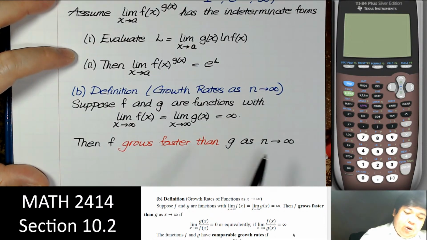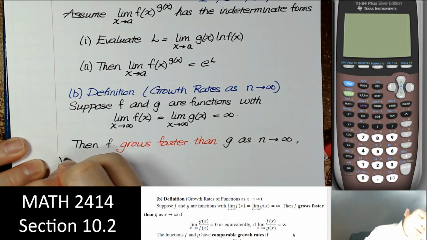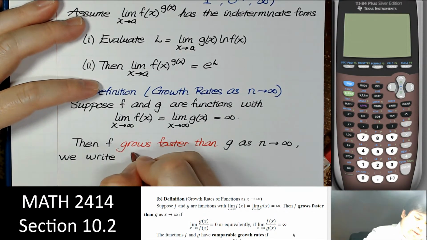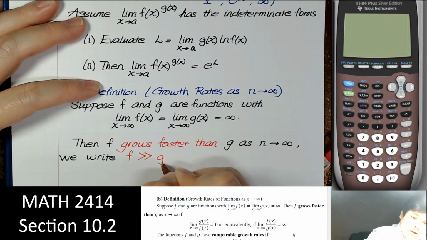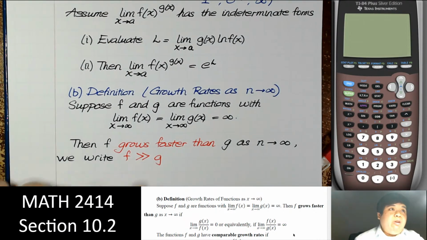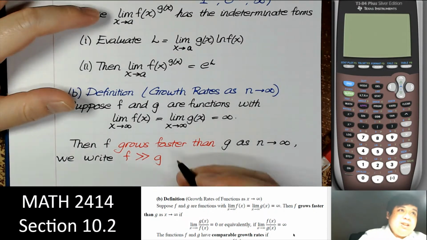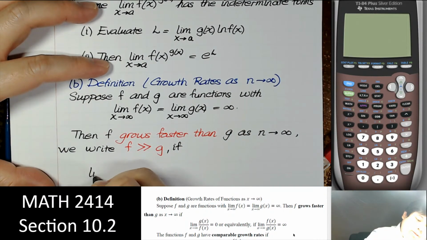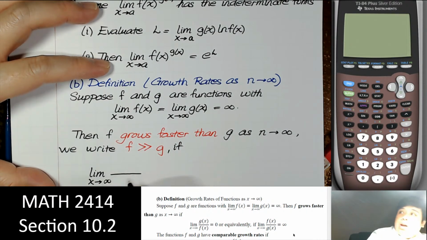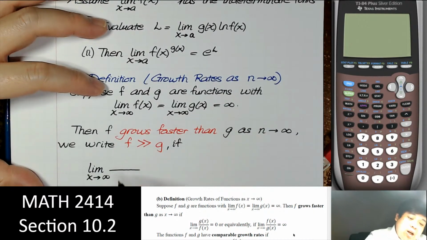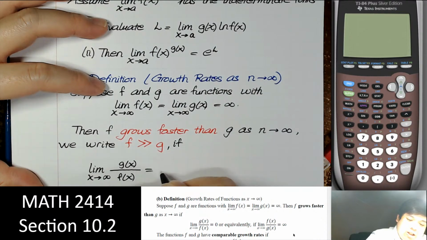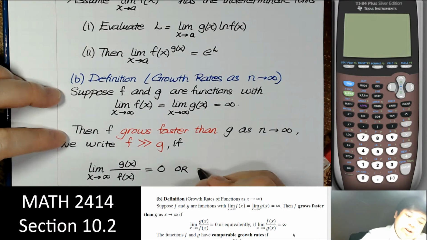Right. When we say f grows faster than g, we write f grows faster to infinity if f of x over g of x is equal to infinity, or if we flip it, equal to 0.